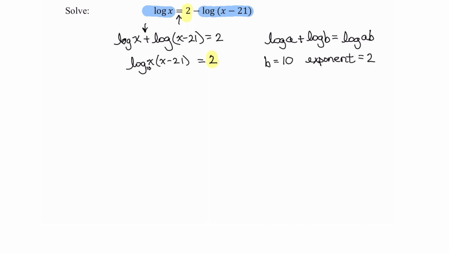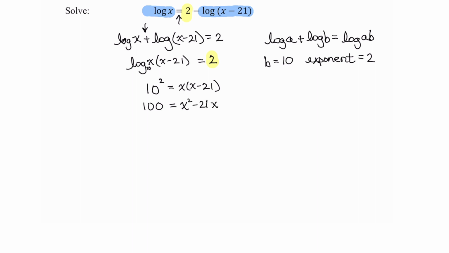And then the quantity that it's equal to is the argument, the x times x minus 21. So rewriting this, we have 10 to the second power is equal to x times x minus 21. Now 10 to the second power is 100. And x times x minus 21 is x squared minus 21x.